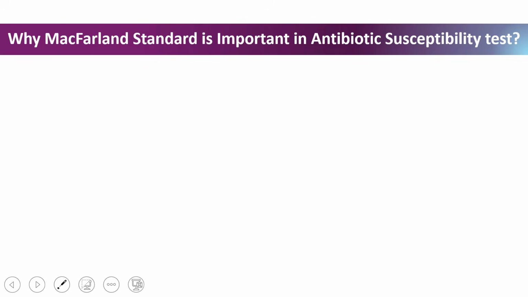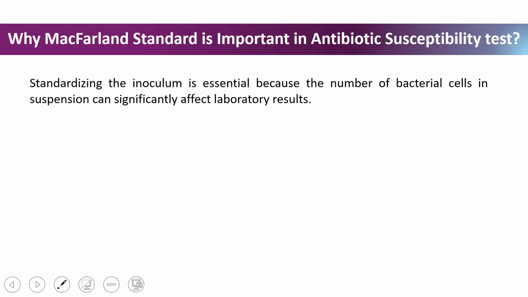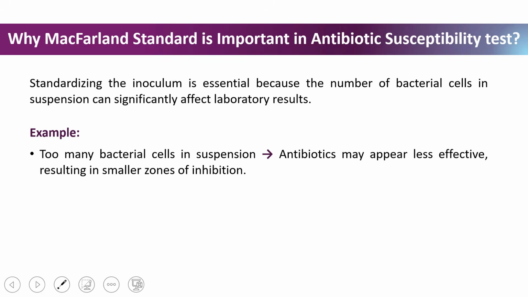Why is standardizing the bacterial suspension with the McFarland standard important in antibiotic susceptibility testing? Standardizing the inoculum is essential because the number of bacterial cells in suspension can significantly affect laboratory results. For example, if too many bacterial cells are used in the antibiotic susceptibility testing, the antibiotics may appear less effective, resulting in smaller zones of inhibition, which may be a false result.